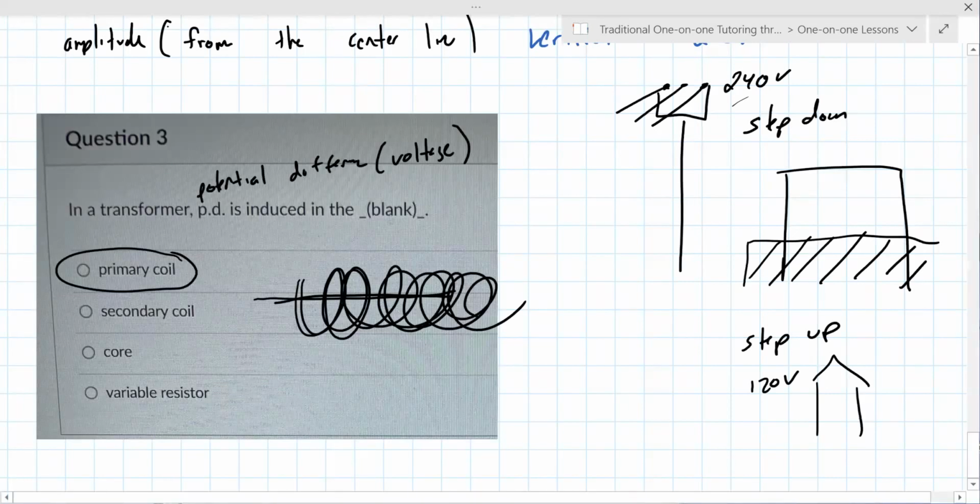PD could also refer to partial discharge in a transformer. Yeah, I'm not seeing a match, let me try one more thing here.